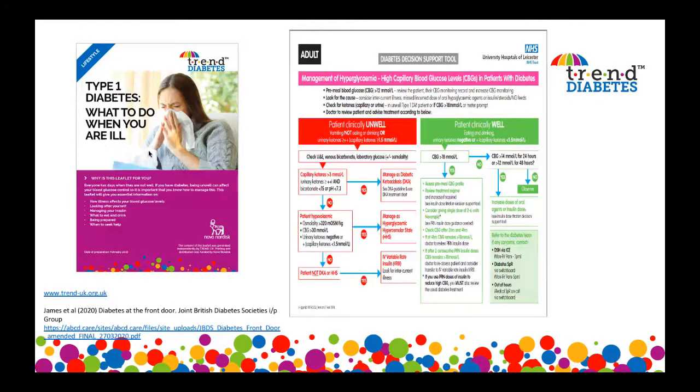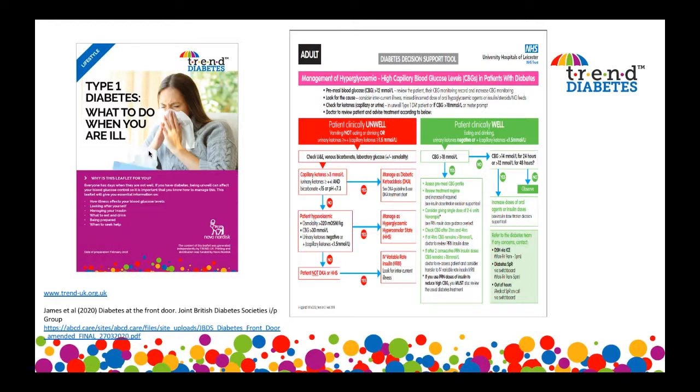So here's our leaflet, which is freely downloadable on the Trend website, and the link is there. And then I just put this other algorithm up, which has been kindly developed by Dr. Kath Higgins at Leicester. When people come to accident and emergency, or MAU, junior staff would be able to use this decision tool, and it will help them decide whether the patient has just got hyperglycemia but isn't in diabetic ketoacidosis.